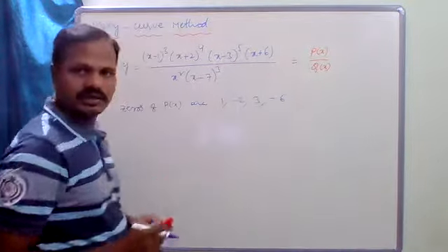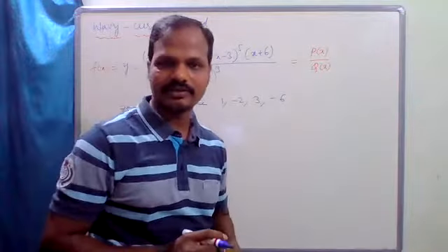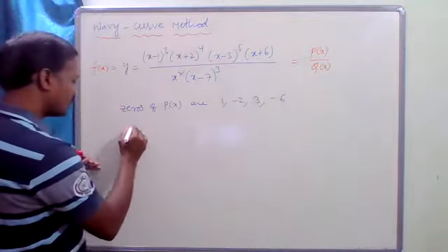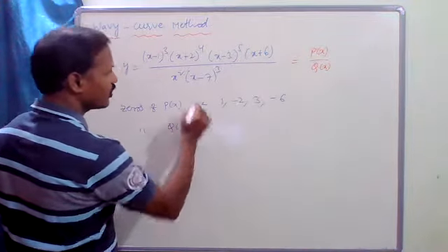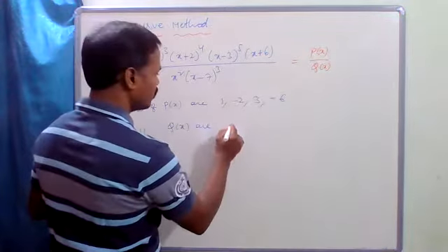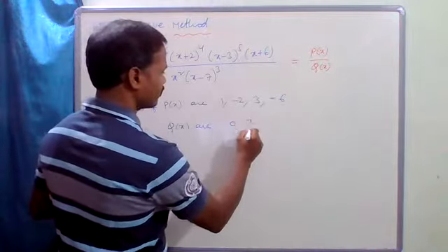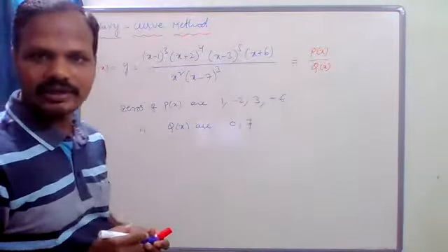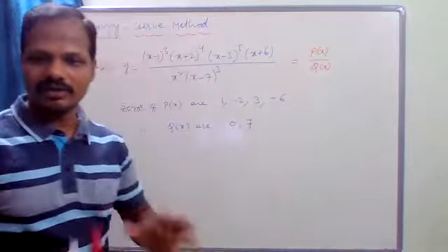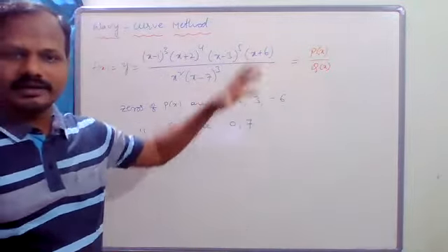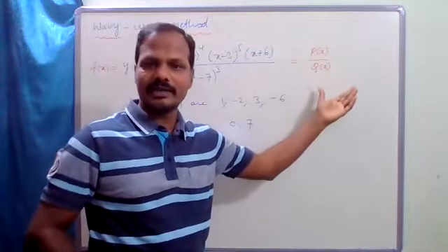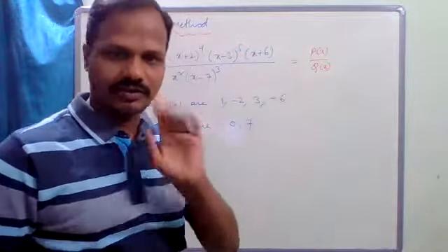Zeros of q of x are 0 and 7. So first of all, we collect the zeros of the numerator p of x and the denominator q of x. This is the first step.